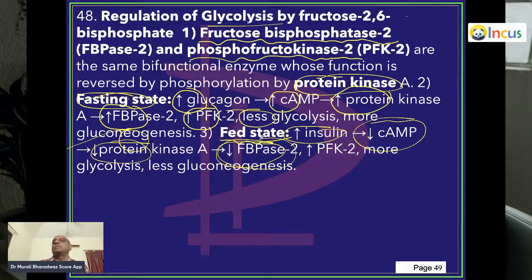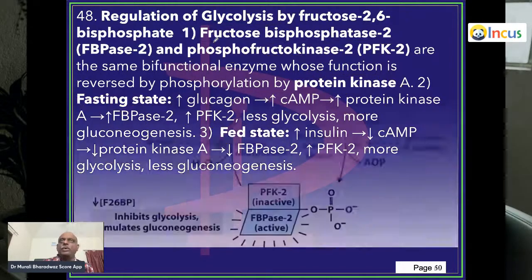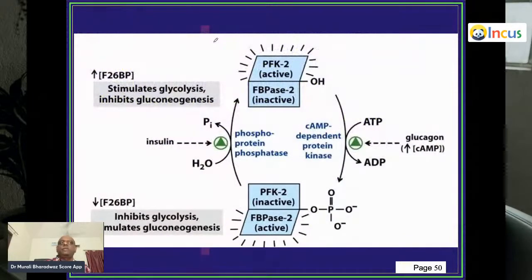And that is one thing. And phosphofructokinase 2 is increased. There is more glycolysis and less gluconeogenesis. So it is all about whether protein kinase is phosphorylating or not phosphorylating. And it depends only on two enzymes, fructose bisphosphatase 2 and phosphofructokinase 2, is what you need to remember. So let us look into it, doctor.